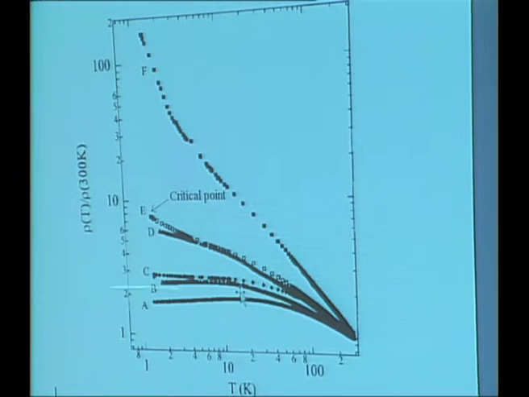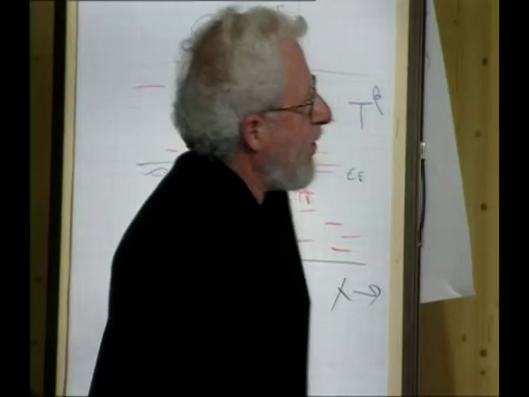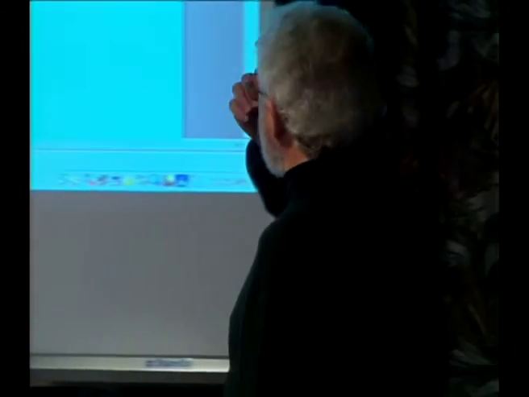These are normalized plots, it starts off at 1 and only goes up by a little bit. It's almost constant. As you put in more disorder, critical point, then Fermi glass insulator. A convenient way to quantify this is in terms of the resistance ratio.